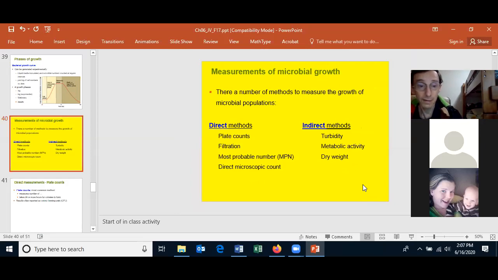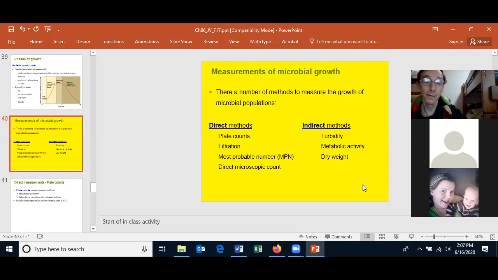And this slide is showing you that there can be direct methods where you're directly counting cells. And then there's indirect methods where you're getting a basis on the number of cells, but you're not directly counting them. Is that clear? The direct methods and the indirect methods.